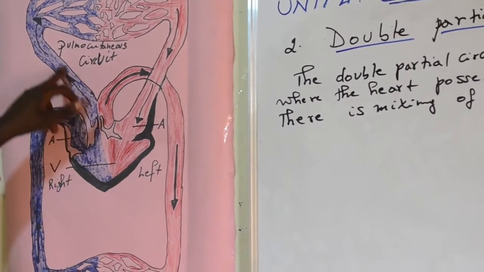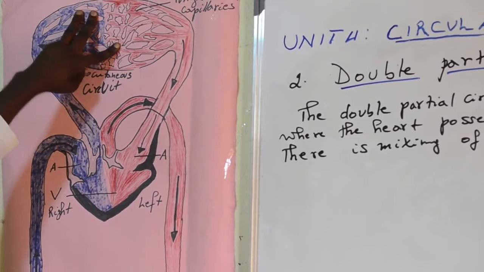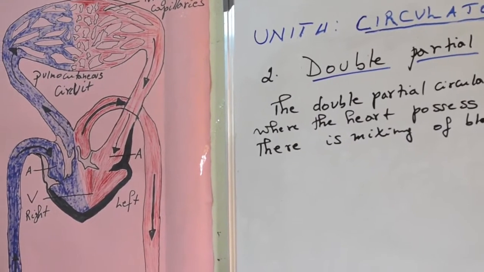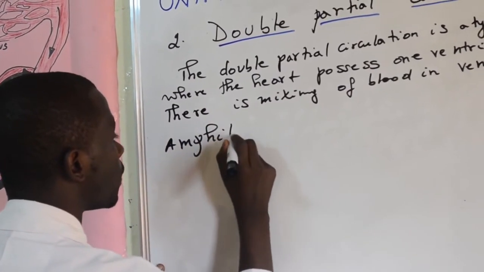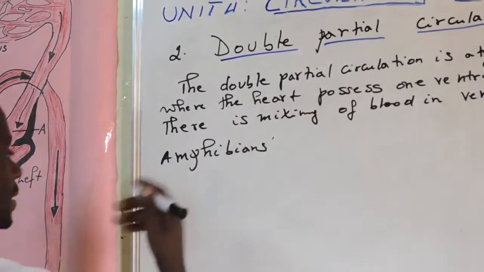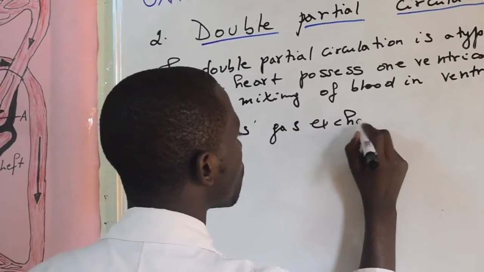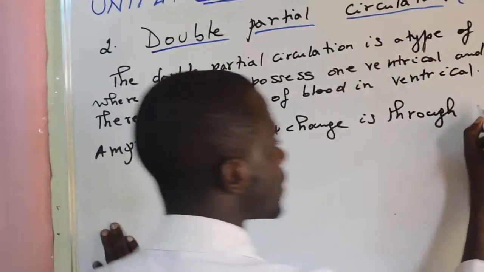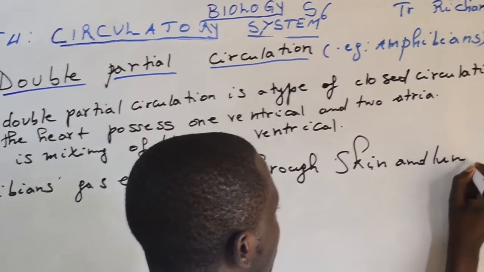Blood is pumped to the lungs to be oxygenated, and to the skin capillaries, because in amphibians gas exchange is through skin and lungs.